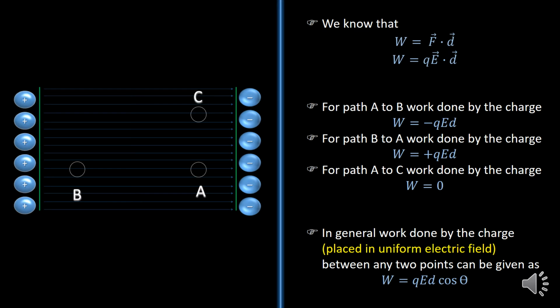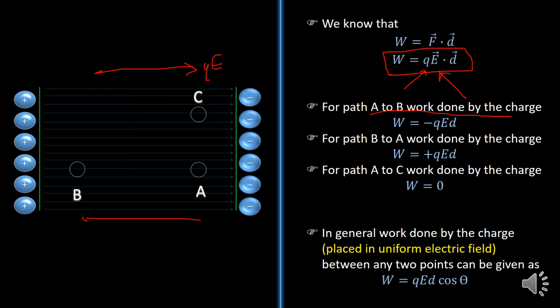So this is the formula for work done to move charge Q in electric field. This is the charge which we are moving, and this is the electric field we have chosen to move the charge in. Okay, so if we go from A to B, then what is happening? Electric field or electric force is in this direction. Okay, and A to B is opposite.